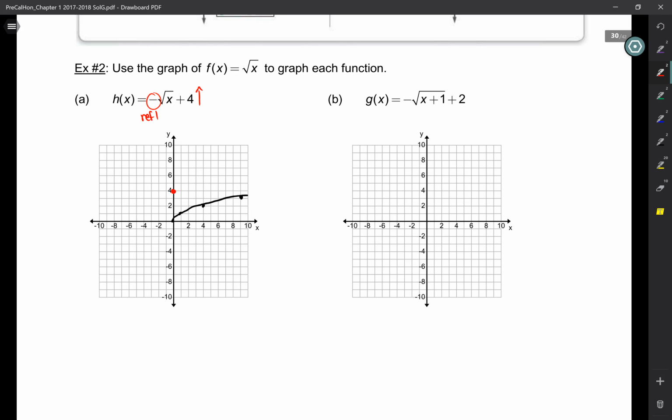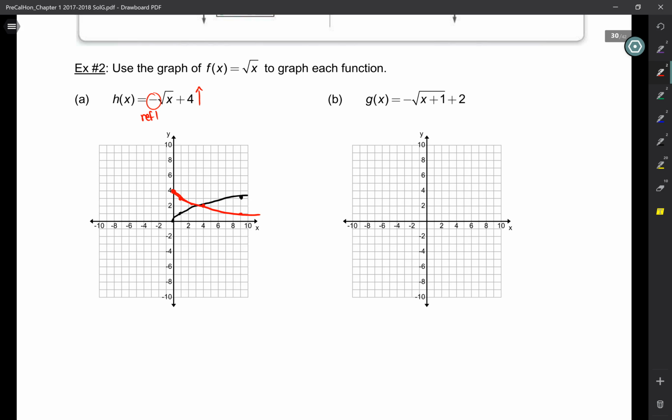That means if I go over 1, I go down 1. If I go over 4, I go down 2. If I go over 9, I go down 3. So that's what it would look like.